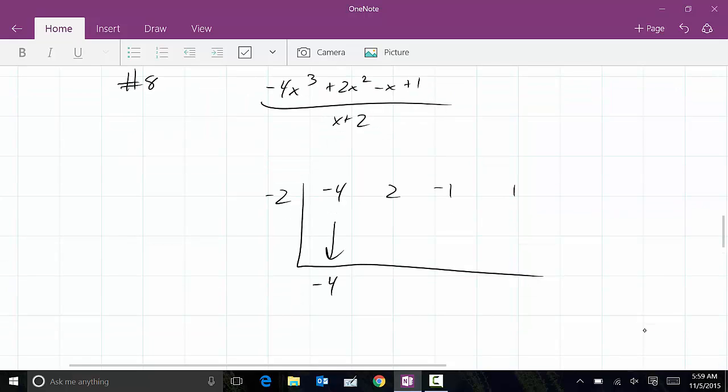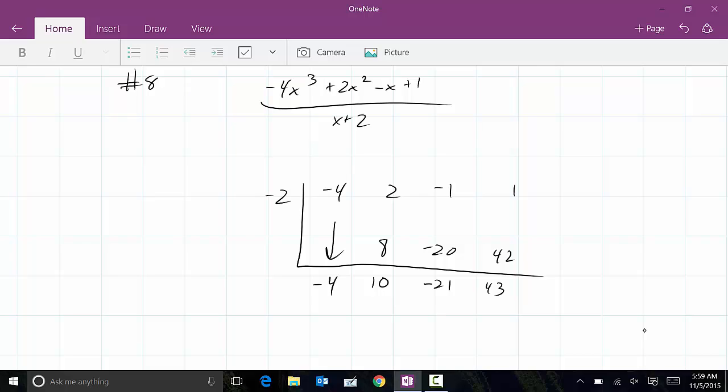We're going to bring down the -4. We multiply: -2 times -4 is +8. Add down, that's 10. Multiply -2 by 10, that's -20. Add down, that's -21. Multiply, that's +42. And then add down, that's 43.